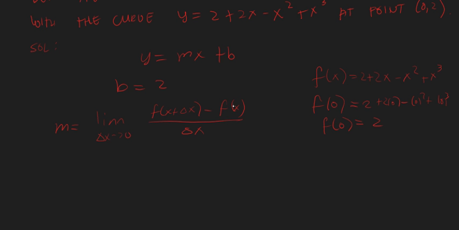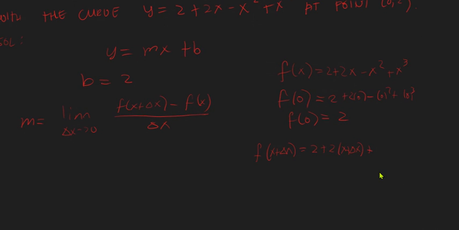Then for f of x plus delta x, this will be 2 plus 2 times x plus delta x, minus x plus delta x squared, then plus x plus delta x cubed.